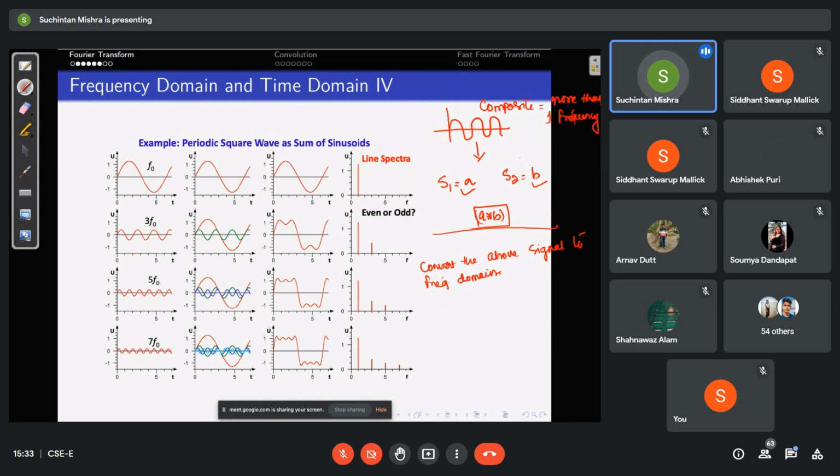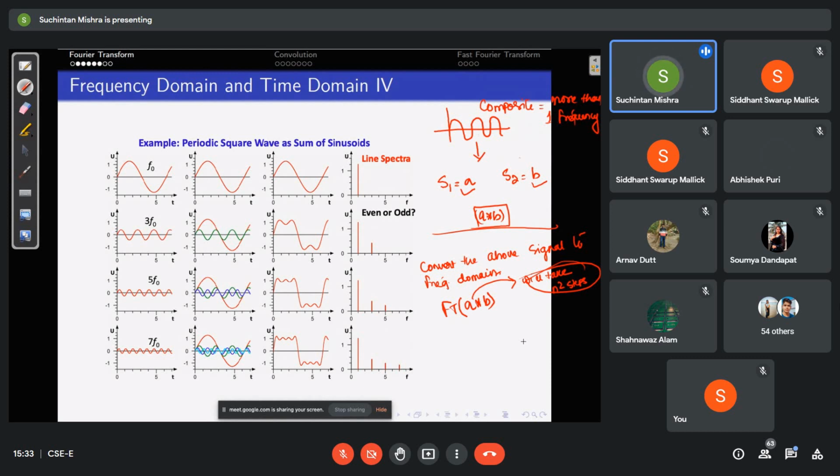So now I have to apply the Fourier transform of A convolution B. This convolution operation, as we will see, will take n square steps.